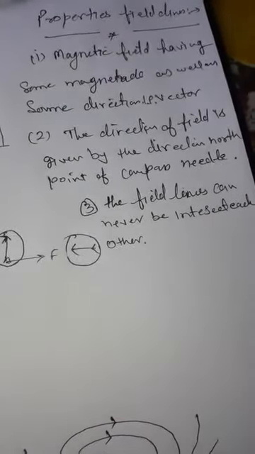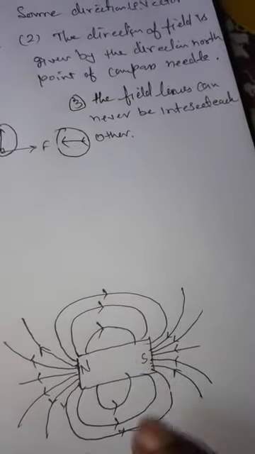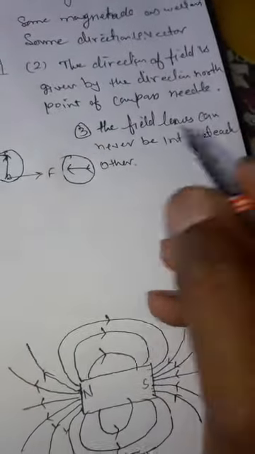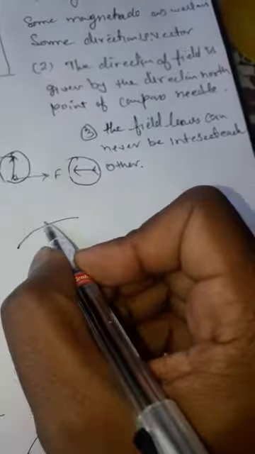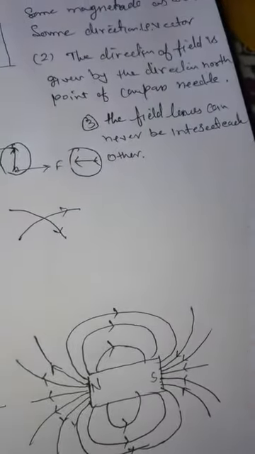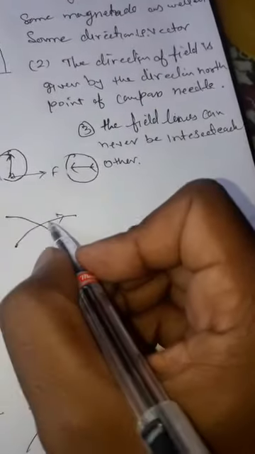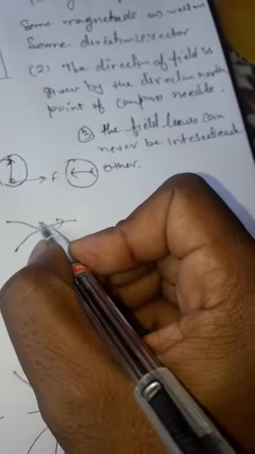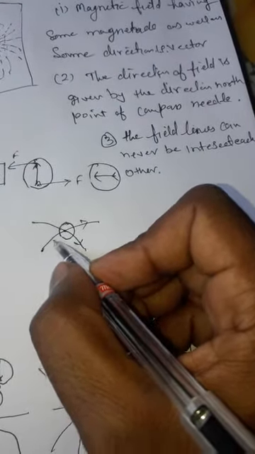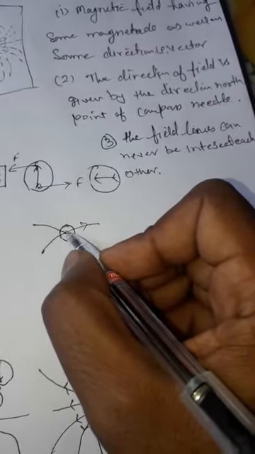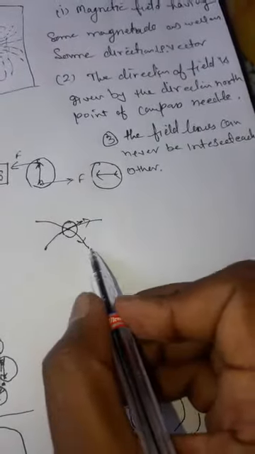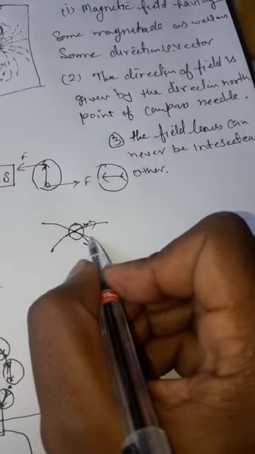Why do we write this property? Because if we consider two lines intersecting each other, say one line having a direction like this and some other line having this direction, and we place a compass needle at the point of intersection, then considering this line the compass needle should show this direction, and considering the other line it should show this direction.